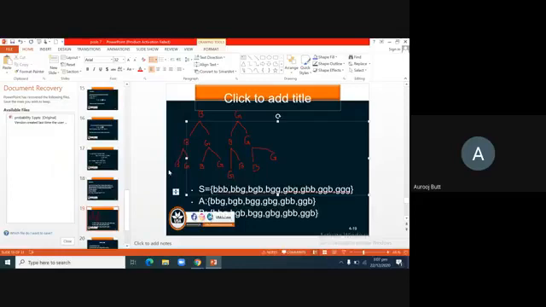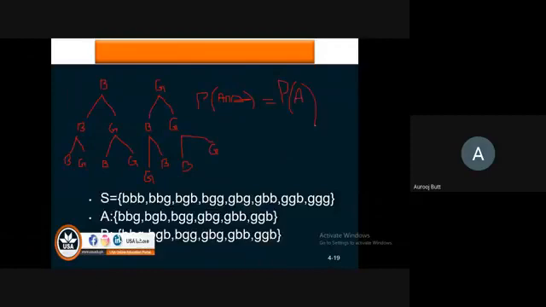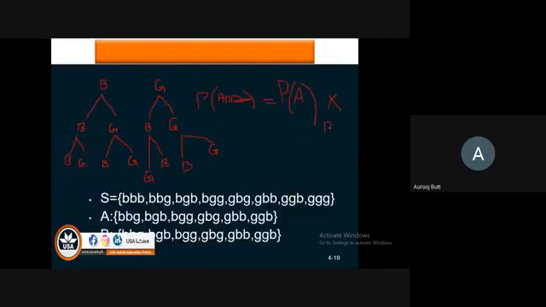In order to determine whether the events are independent or not, we have the rule that probability A intersection B is equal to the product of probability of an event A multiplied by probability of an event B. Now what is the probability of an event A?